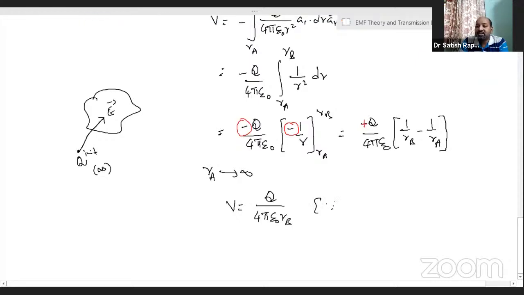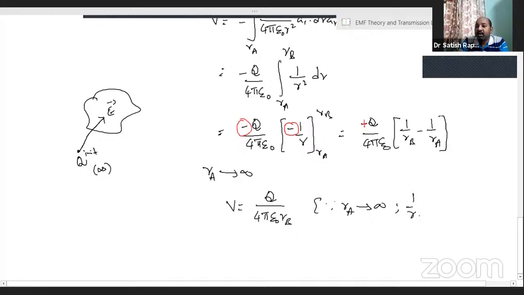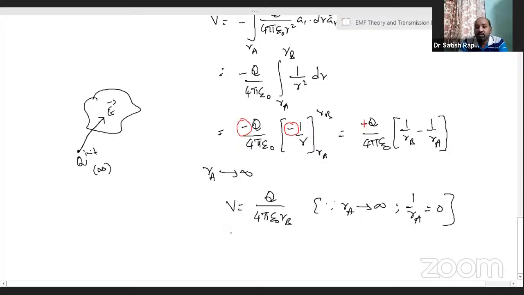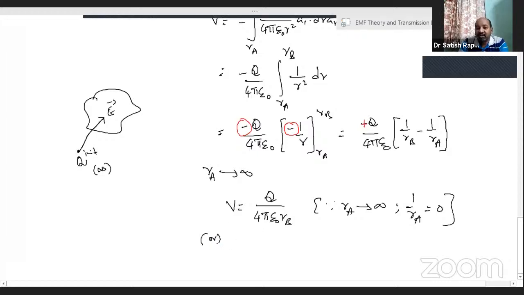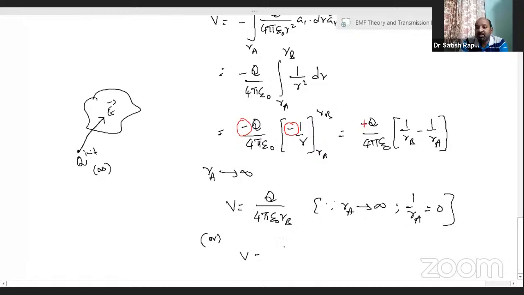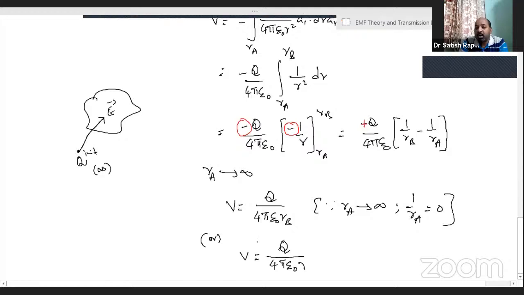Since RA tends to infinite, 1 by RA will be 0. So in general, we can write V is equal to Q by 4 pi epsilon naught R.